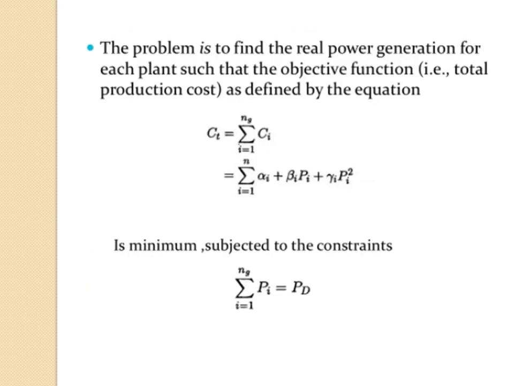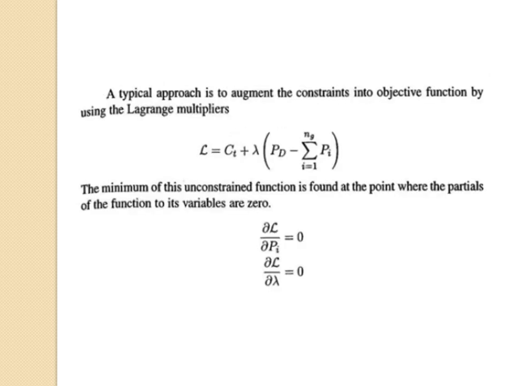The problem is to find the real power generation for each plant such that the objective function, that is the total production cost, is minimized, subject to the sum of P_i for i equal to 1 to Ng being equal to P_D. Using the typical approach of the augmented constraint, the objective function is L equal to C_T plus lambda times (P_D minus the summation of P_i for i equal to 1 up to Ng).